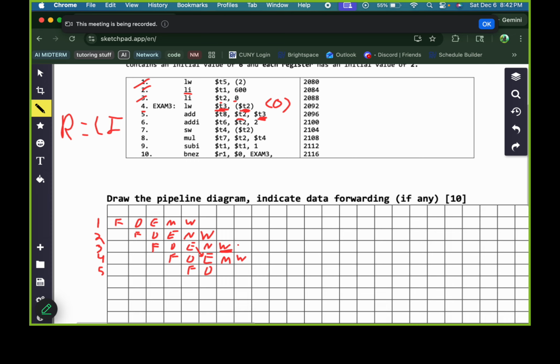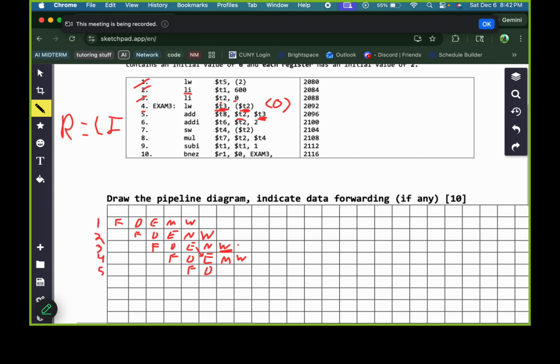for that. So at this point, I see that I have a data dependency, and this load is not done till over here. But this time, it is a load to an R type. This does not let me data forward that. So this one is going to need to have the stall, I believe.